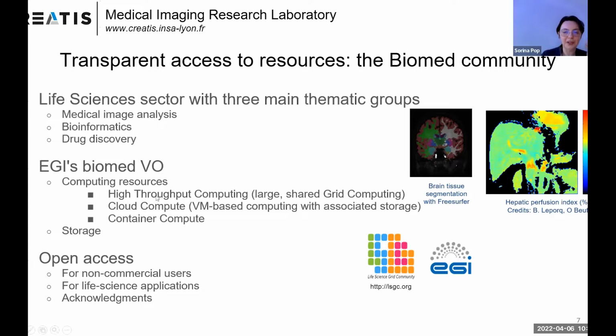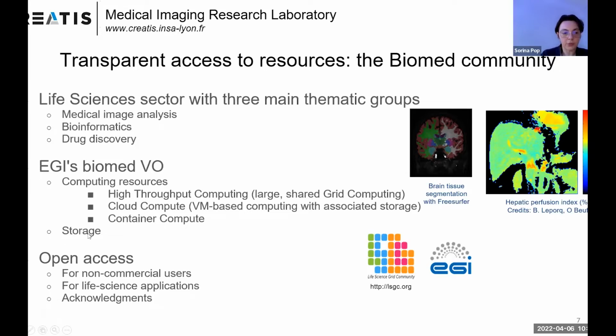Historically, we have access to high throughput computing, which is a large shared grid computing. Since a few years, we have access to cloud compute, that is virtual machine-based computing with associated storage. And now we also have container compute.